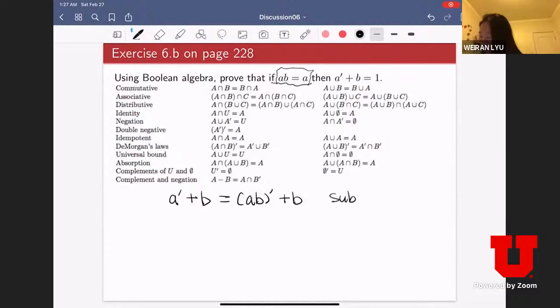And that's just by substitution. And remember, this one is actually A dot B, complement.